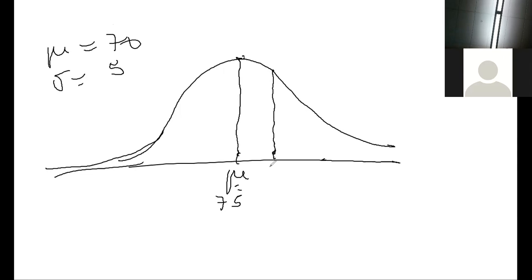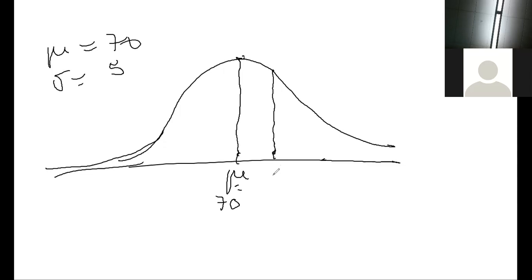First standard deviation. Can somebody tell me what to write? I'm sorry, the mean is supposed to be 75? I told you, let me write this. The mean is 70. So at the first standard deviation, what should I write here? What do you think I should write?